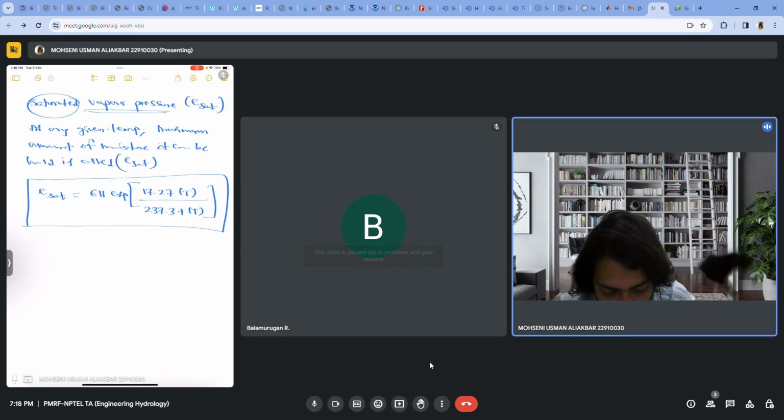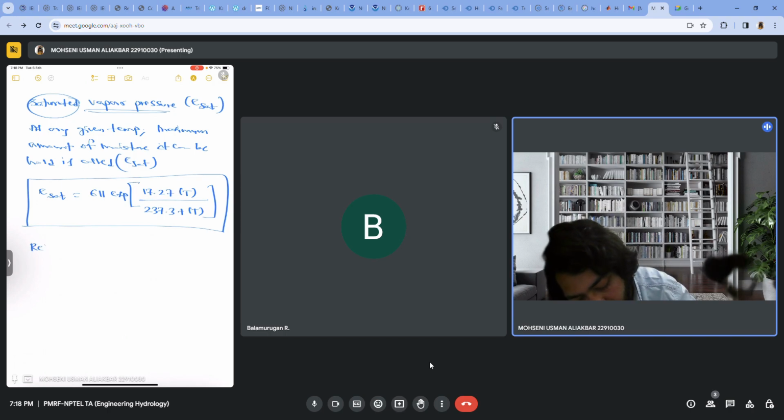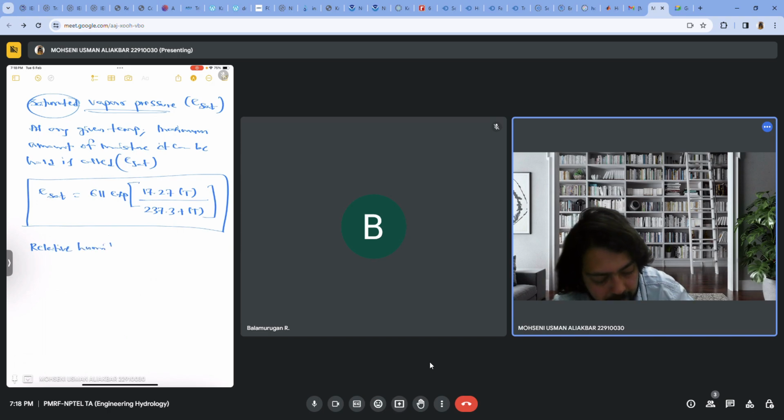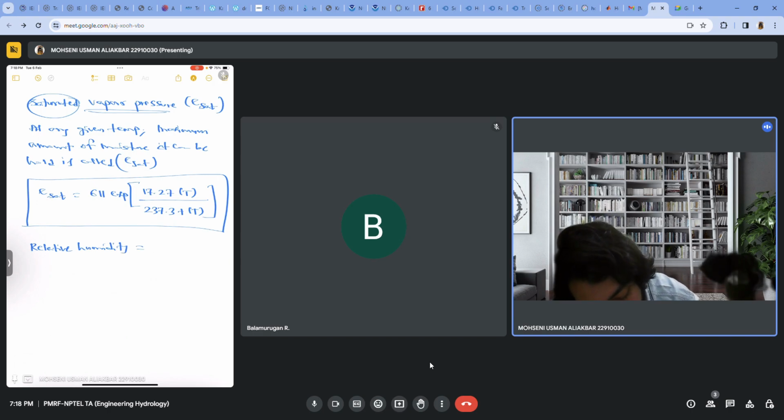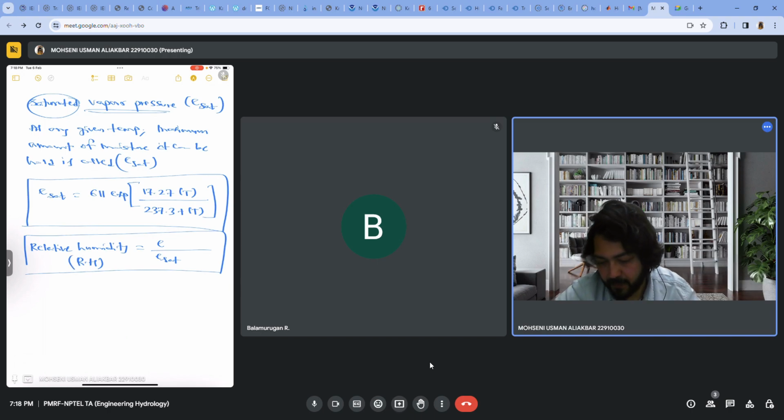Now that we know what is vapor pressure and what is saturated vapor pressure, if we divide these two terms, we'll get a new definition, and that definition is relative humidity. So relative humidity is nothing but E upon E sat, means vapor pressure divided by saturated vapor pressure. We can denote it as RH. So this is relative humidity.